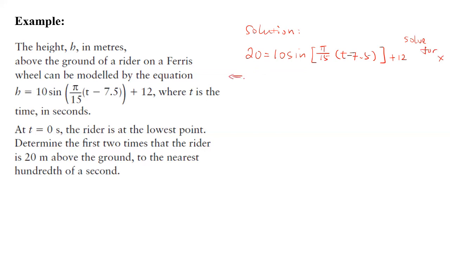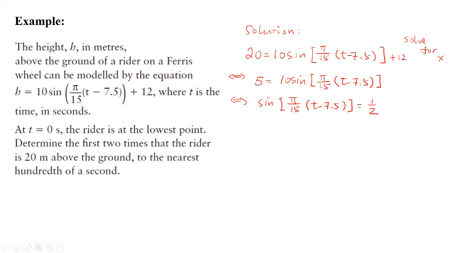So this function is equivalent to 5 equals 10 times sine of pi over 15 times t minus 7.5. And this is equivalent to sine of pi over 15 times t minus 7.5 equals 1/2, right?